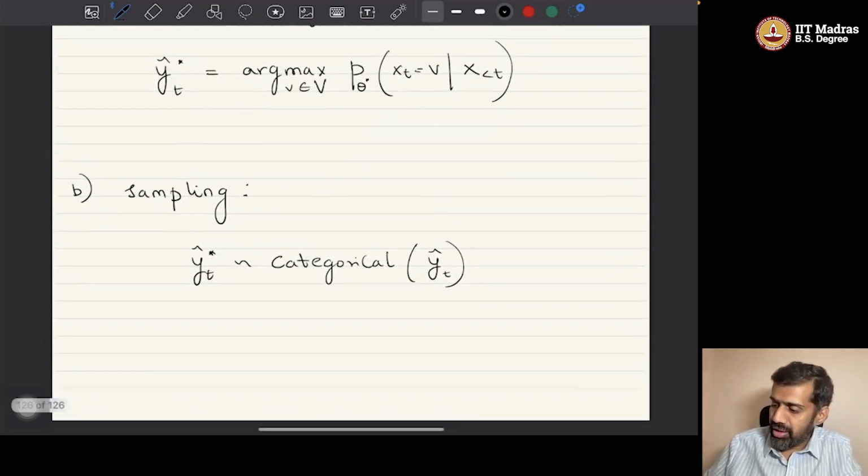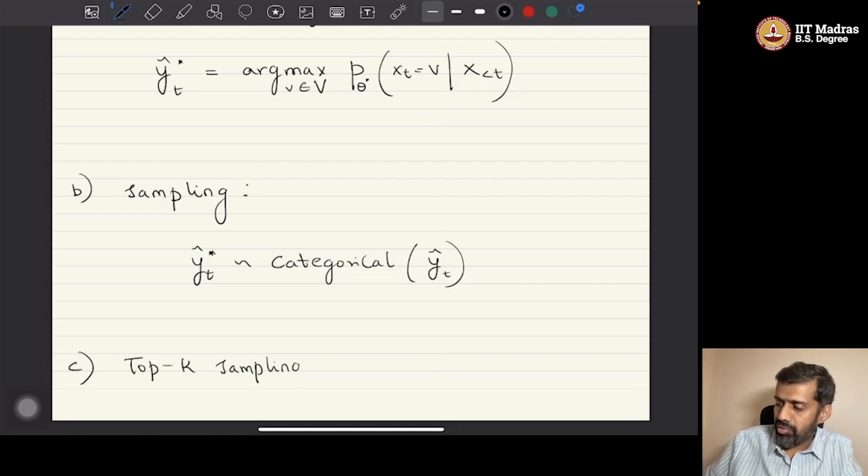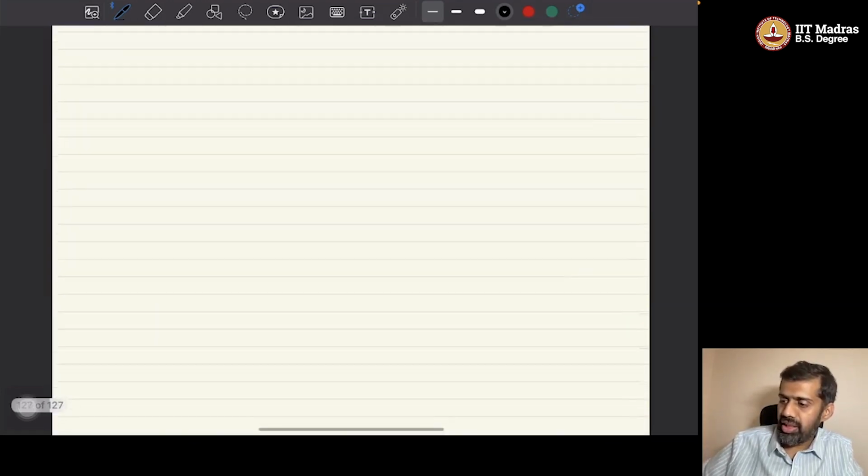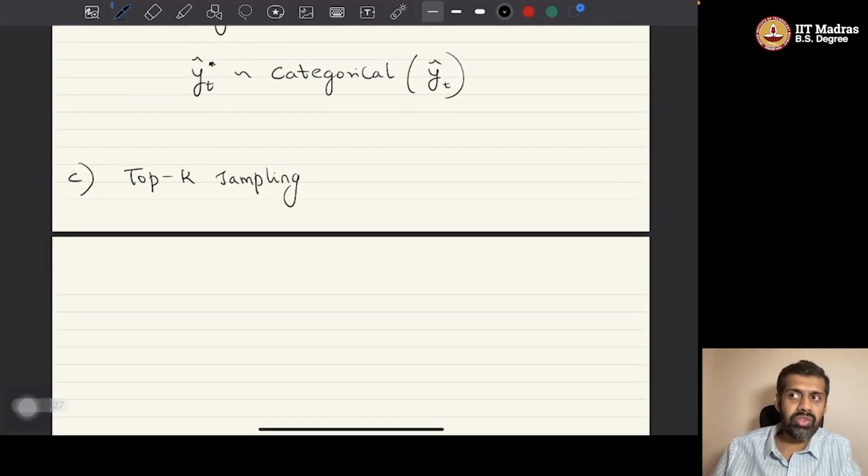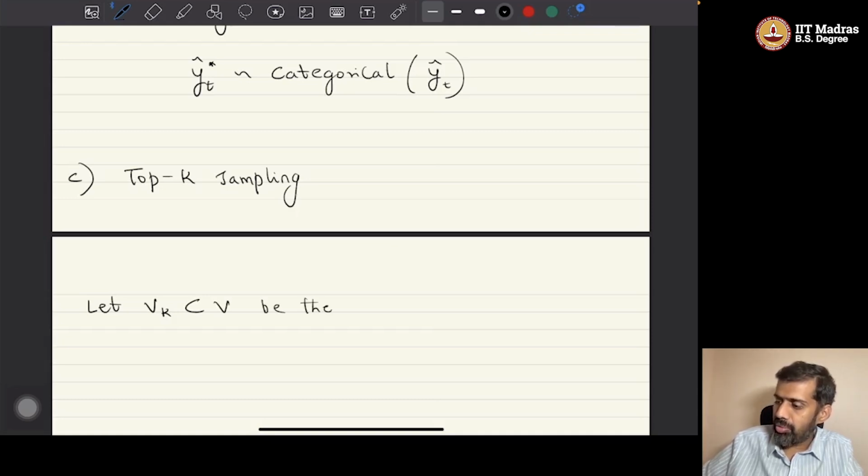So there's a mid path that is taken between these two, which is called top K sampling. As the name says, the idea is to sample only from the top k most probable tokens. So let V_k, which is a subset of the vocabulary, be the top k tokens.